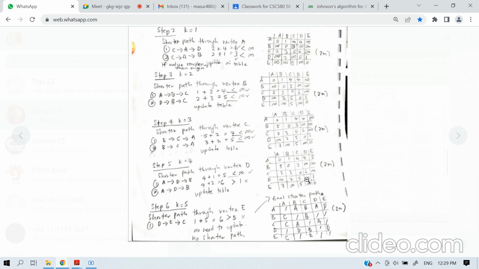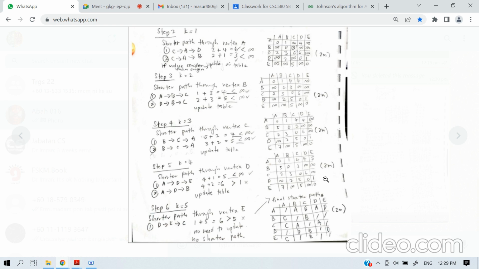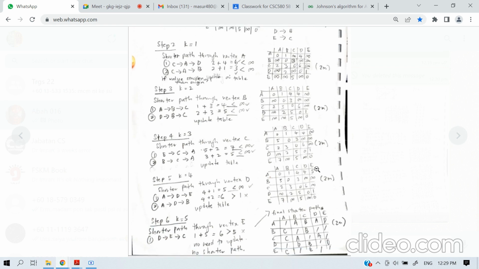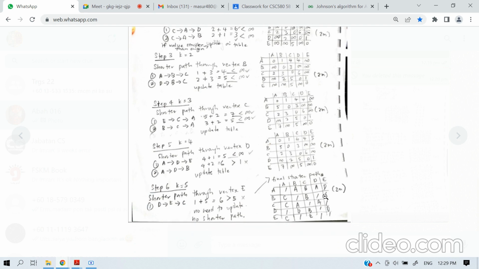So above you already have the answer for the values, and below you must put the final shortest path. So from A to B you need to go through A, from A to C go through B and so on until the end. So how do you get this kind of table? You need to refer to the previous value of the matrix. The one above is the previous one. So then you get this one.